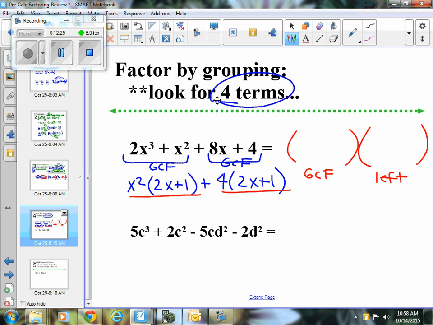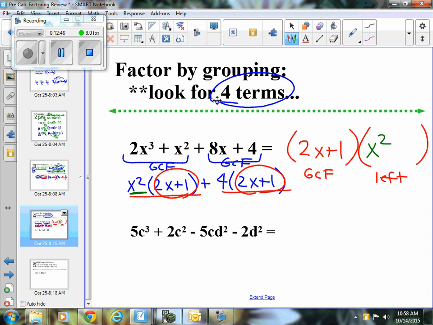So my GCF, what I'm going to pull out of each of those terms is this, just like you pulled out the GCFs in those first 2 steps. So I'm going to pull out 2x plus 1. That's my GCF. Now what's left in each term when you do that? In the first term, if you pull out the 2x plus 1, all you have left is the x squared.